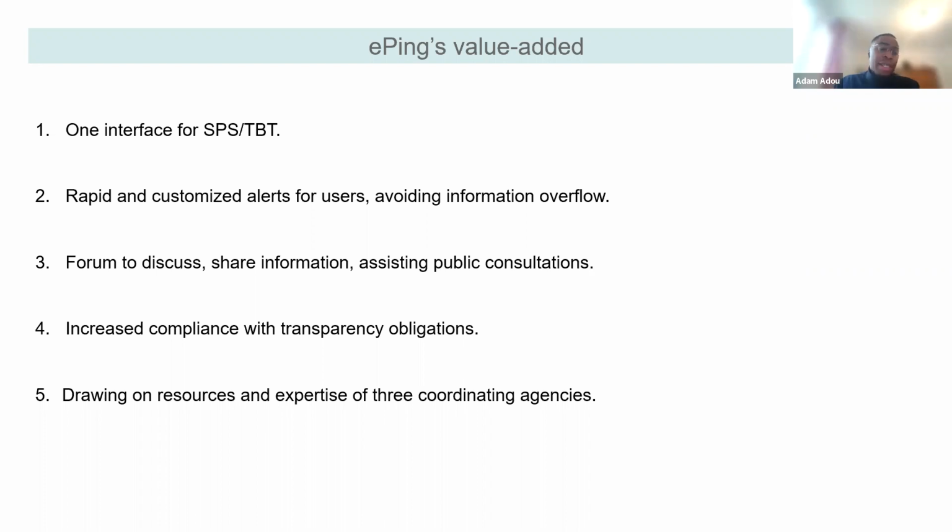The main goal of ePing is to increase compliance with transparency obligations and with SPS and TBT regulation. For a company that wants to stay up to date with new regulation coming here and there and compare market access between different countries, ePing would be a fantastic complement to Market Access Map and to the other ITC market analysis tools that we've seen before.